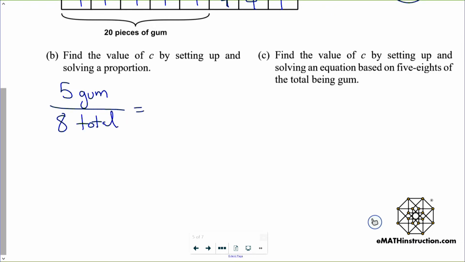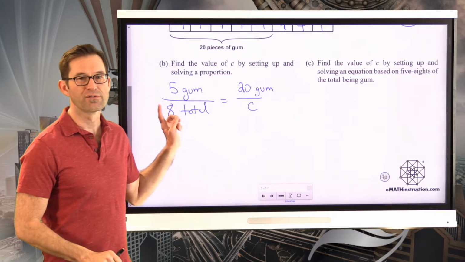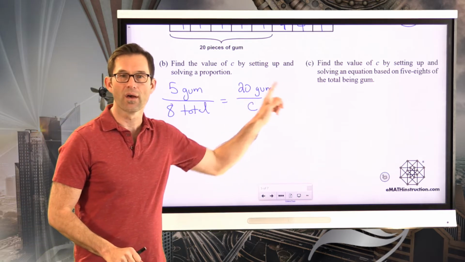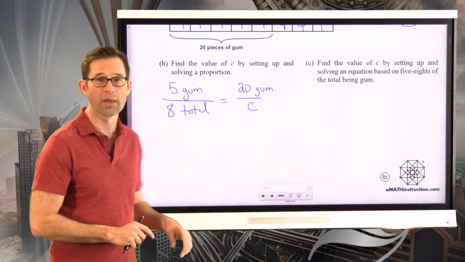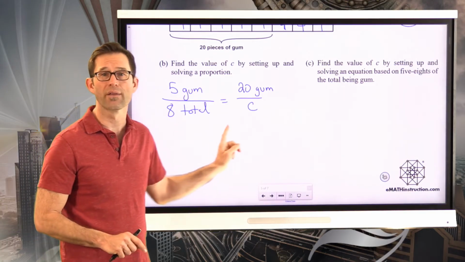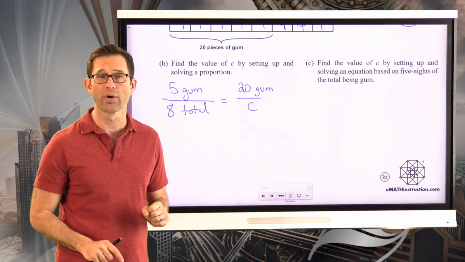Now we're looking for the total, which is C, and we knew that there were 20 pieces of gum, right? The way that we always set up these proportions, if there's 5 gum in the numerator here, then the gum has to be in the numerator here. The more I say the word gum, the stranger it sounds to me. But then if the total is down in the denominator, the total should be in the denominator here.